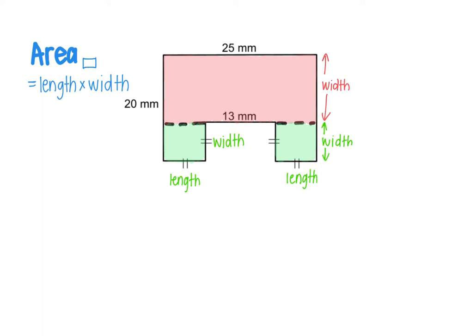We can start by looking at the fact that the top line is 25 millimeters, and this section of the lower part of the rectangle is 13 millimeters. We can subtract 13 from 25 to get 12 millimeters, and then we'll know that this section is going to be divided up evenly between the remaining parts of the bottom section of the rectangle.